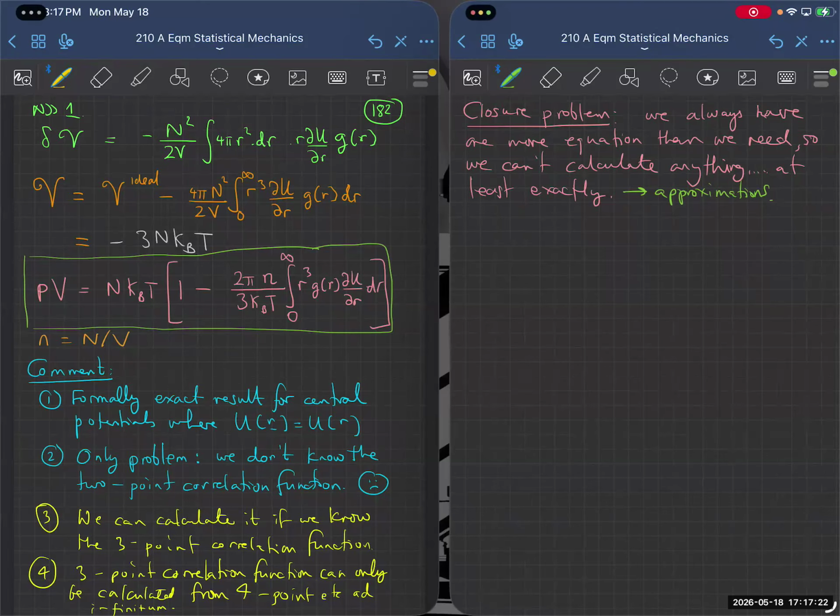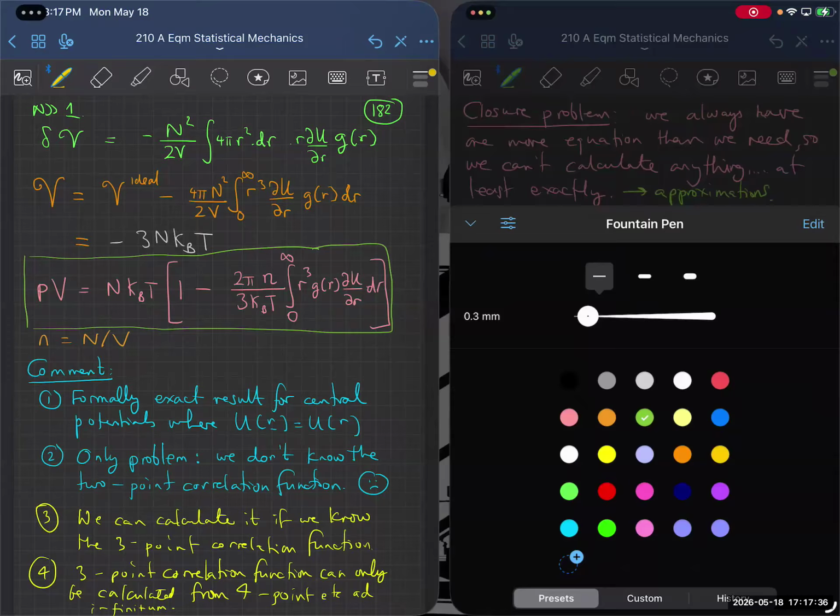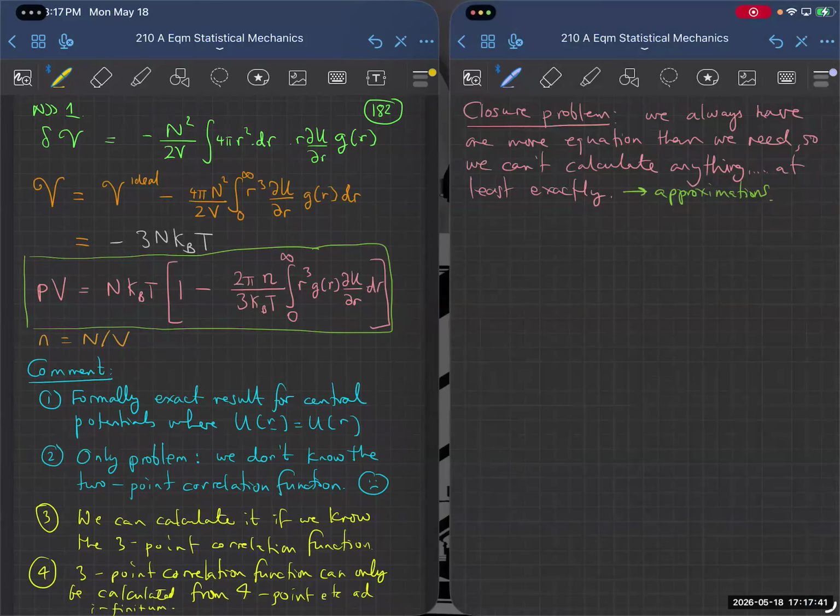Okay, let me wrap up. I want to write down a formula for the 2-point correlation function, the pair distribution function, in a slightly nicer way than the way I've written it down. So I want to finish with that. So that's point number 4. So point number 5.